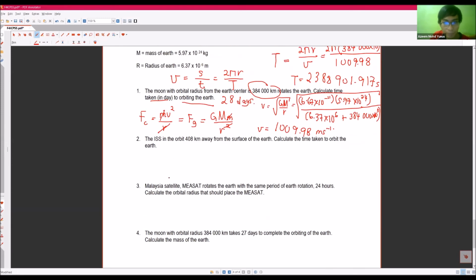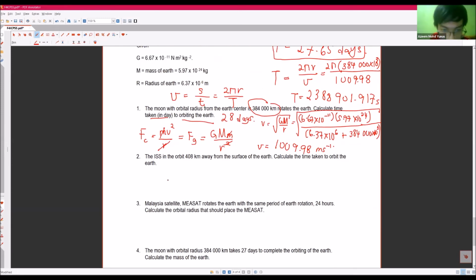Number two, the ISS is in orbit 408 kilometers away from the surface of the Earth. Calculate the time taken to orbit the Earth. Again, we can use the same formula here. So let's calculate the linear speed first. v equals the square root of GM over r.